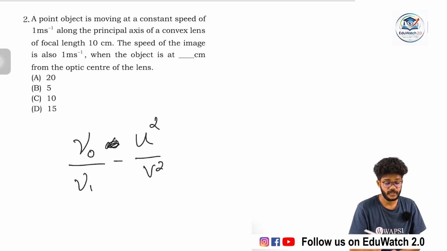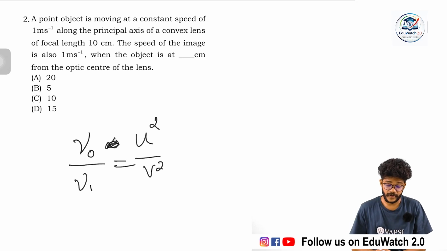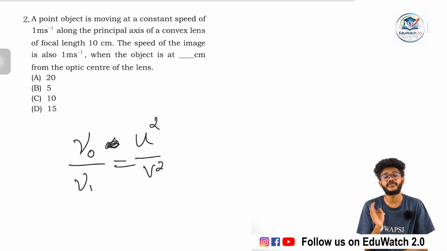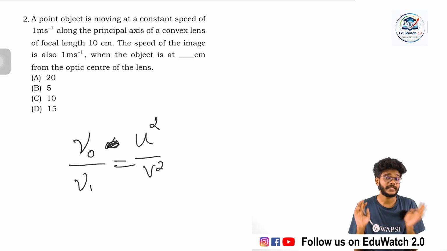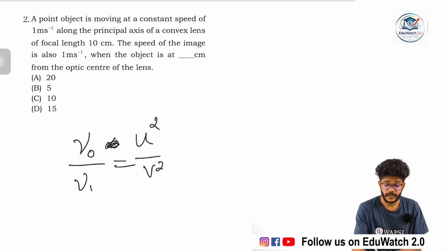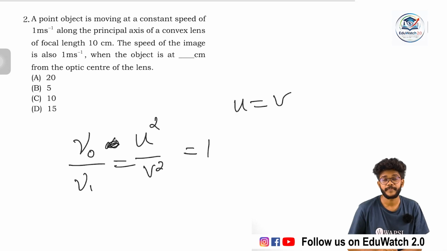We can change the proportionality constant to v naught. The velocity of the object and the image are both 1 meter per second, so the ratio will equal 1. That means u is equal to v.